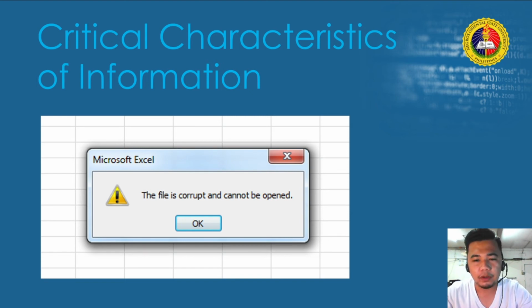So for me, if I deal with any information, especially right now, I'm currently handling very important files because I'm an instructor and all of your work will be saved in my computer. So how do I make sure that your work, your grades, your progress will be secured?